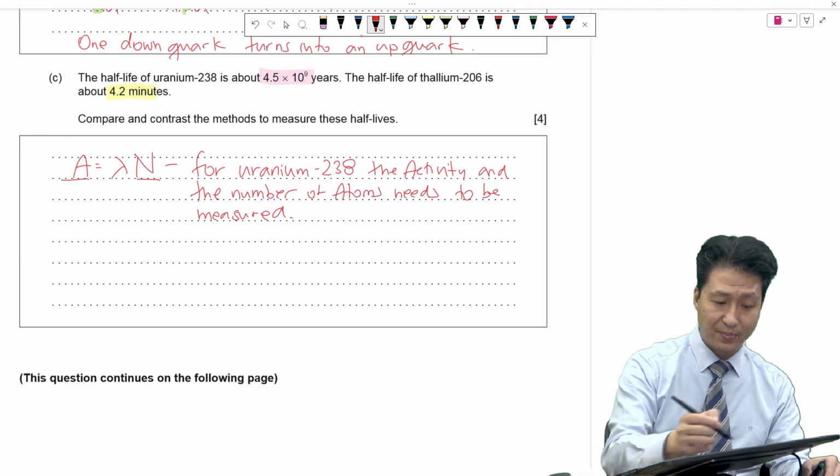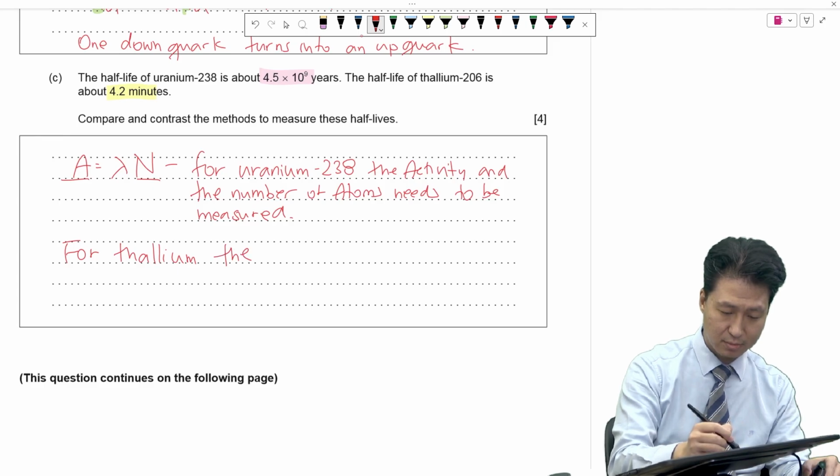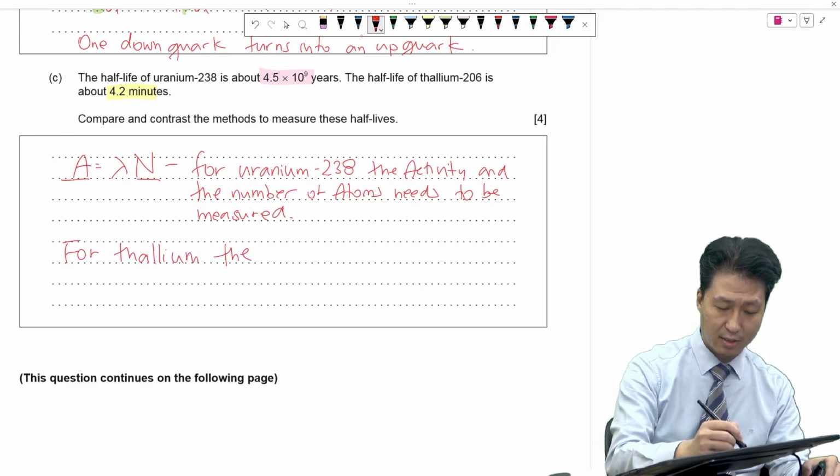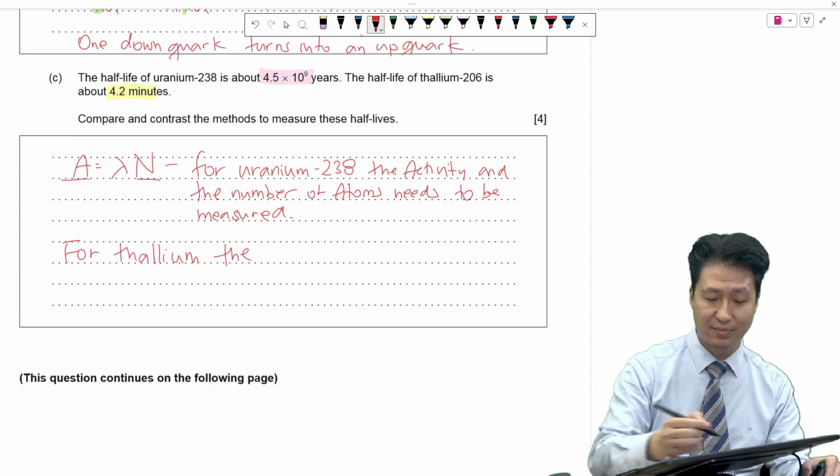What about for the thallium? For thallium, just the activity must be measured repeatedly over a period of time.